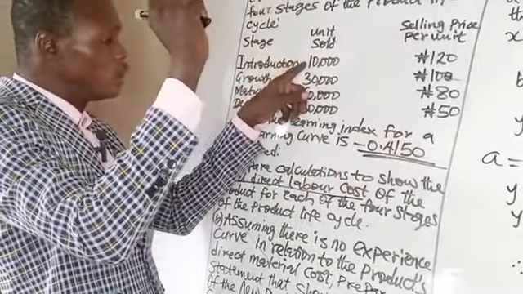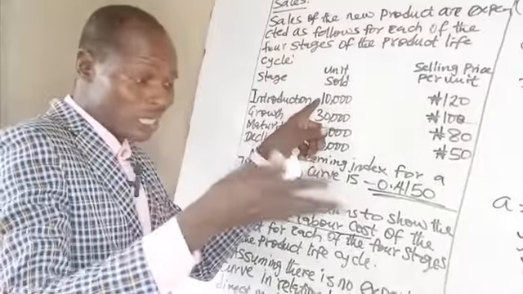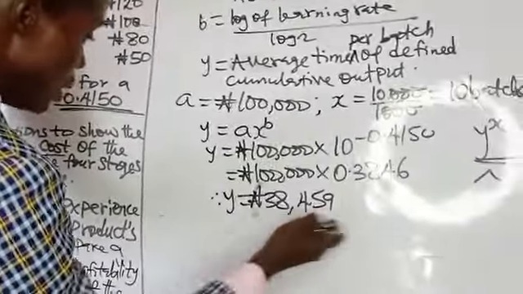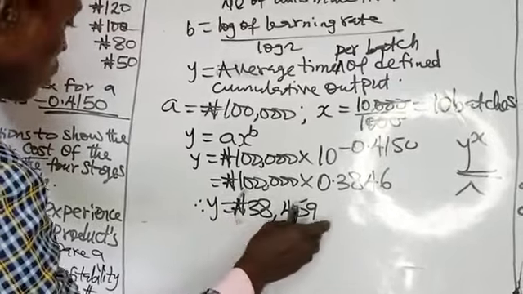Remember, a batch is 1,000 units. To produce 1,000 units, you will incur a direct labor cost of 38,459.